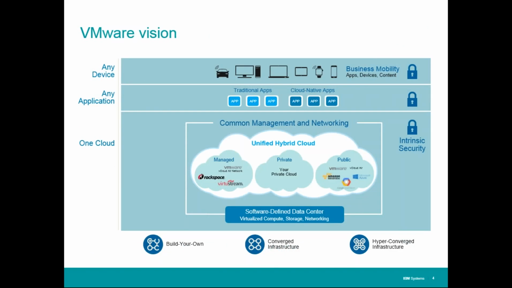When we talk about the VMware vision, right, it is predicated on the notion of any device, any application, and one cloud, right? So that's really what we've driven to market over the last few years. And really the core premise is that SDDC is essentially the operating system for the data center, right? So this is the core data center OS.